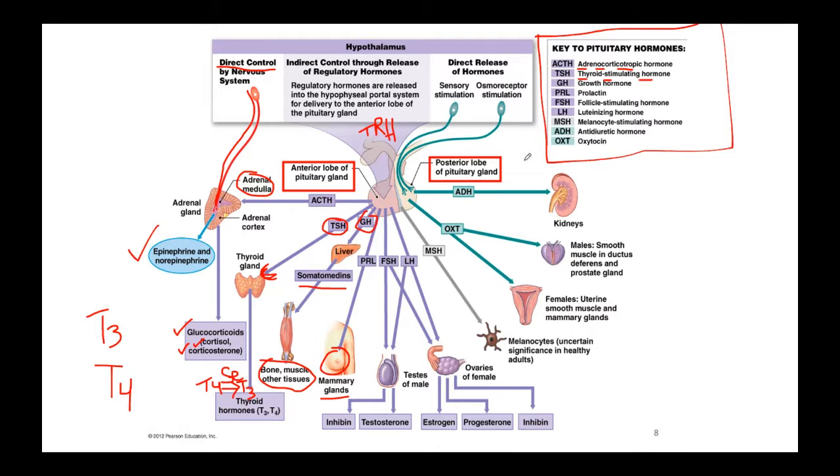Then we have FSH and LH. You can see FSH right here is follicular stimulating hormone, and then LH is luteinizing hormone. LH is what women check in their urine with a dipstick when they're trying to plan a pregnancy. LH spikes high at time of ovulation.